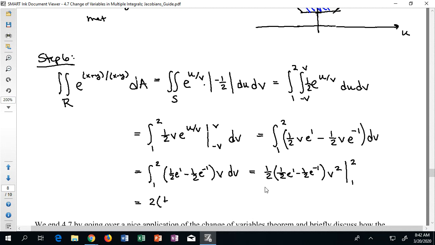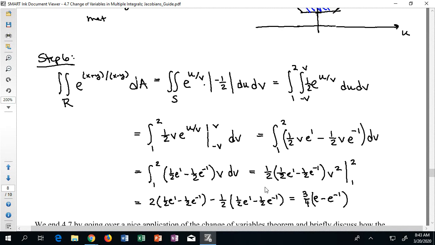I'll end up with 2 times 1/2 e to the first minus a 1/2 e to the -1, minus a 1/2 times a 1/2 e to the first minus a 1/2 e to the -1. And if I wanted to, I could try to clean this up. I think ultimately at the end of the day, I'm going to end up with 3/4 times e minus e to the -1, if I fully simplify things.